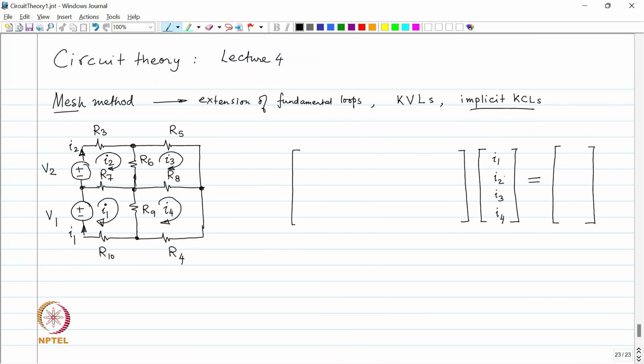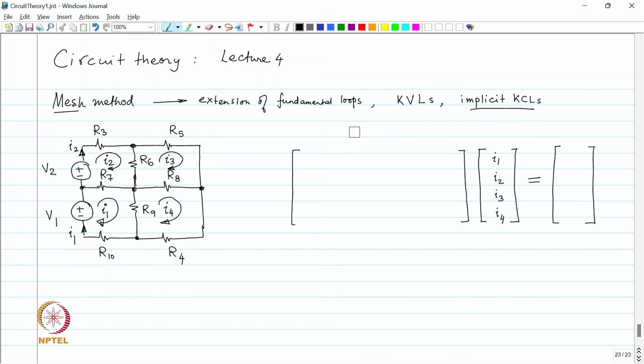There are 4 over here, no? It has to be 4, it can't be 6. Okay. So, it is a 4 by 4 matrix that we are working with.